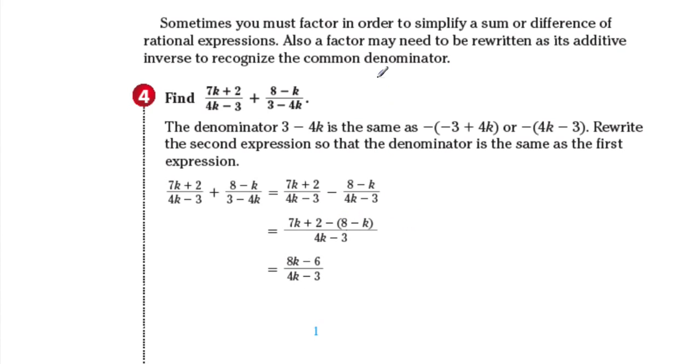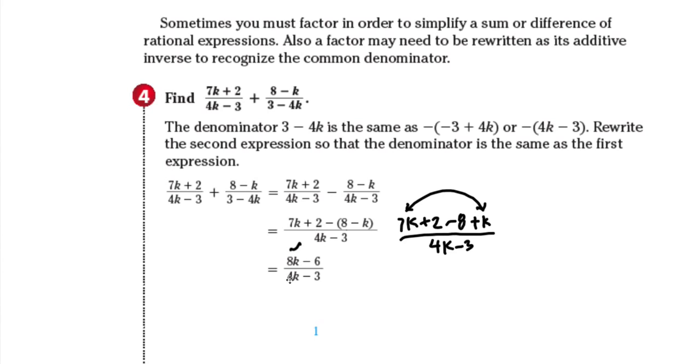Let me expand this: 7k plus 2 minus 8 plus k all over 4k minus 3. 7k plus k will give you 8k, and 2 minus 8 will give you negative 6, and keep the denominator the same.